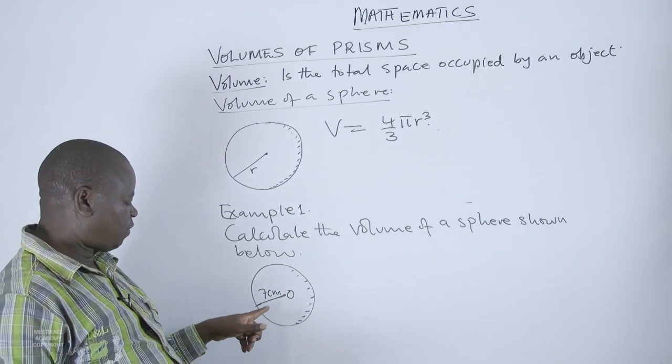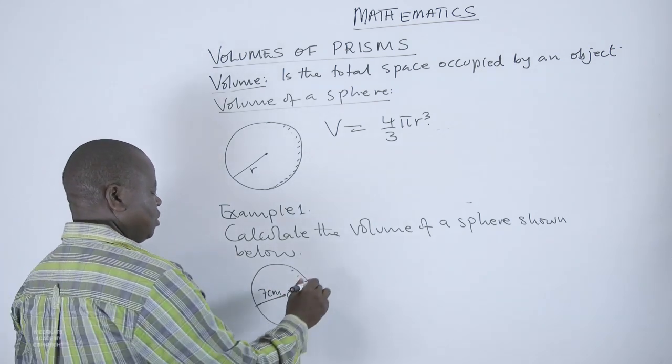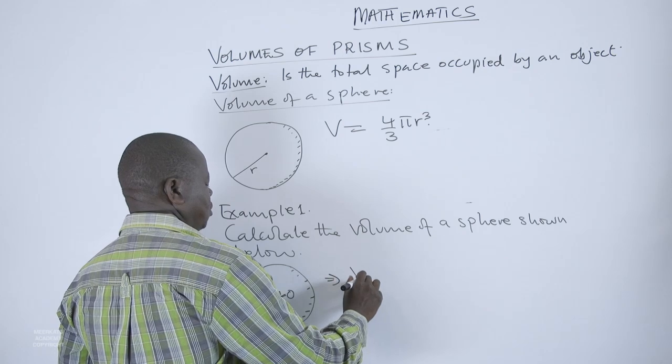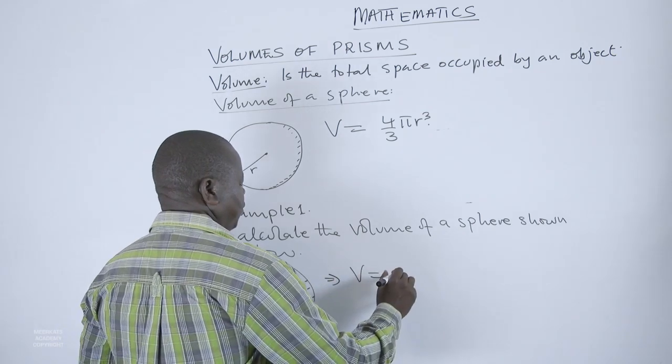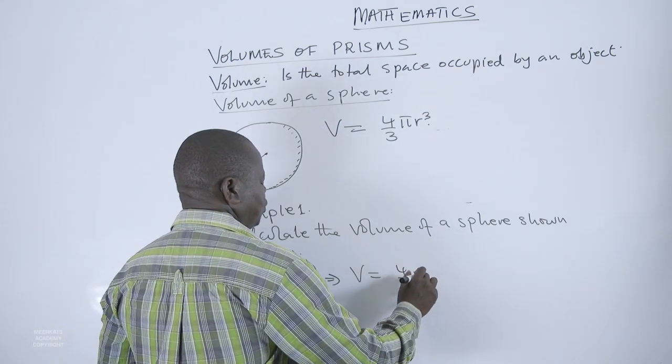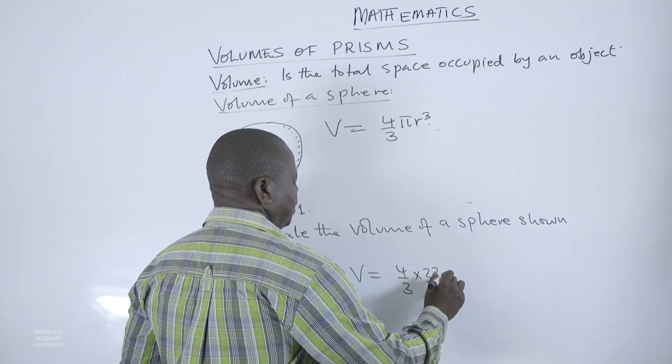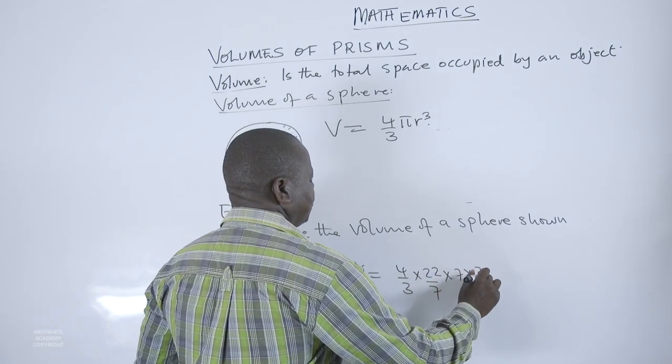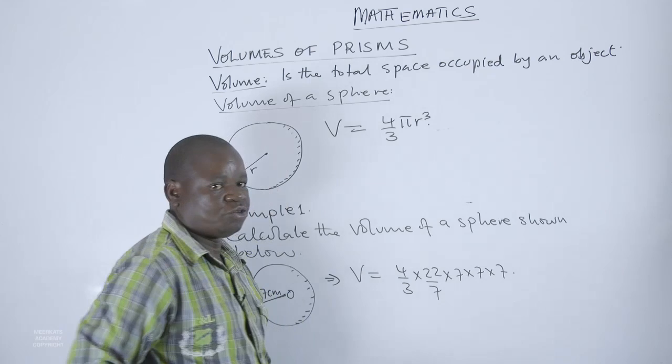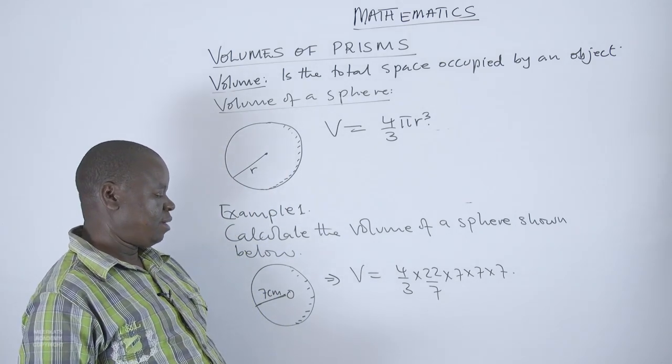So the radius of this sphere is 7 centimeters. So basically we have 4 over 3 times 22 over 7 times 7 times 7 times 7. That will be the volume of that sphere.